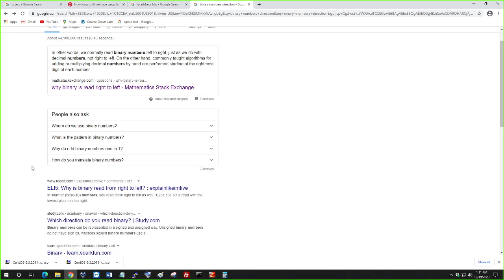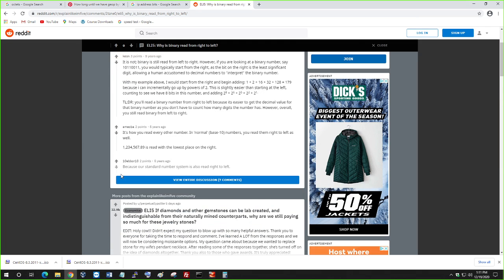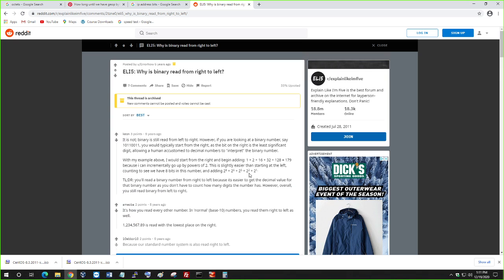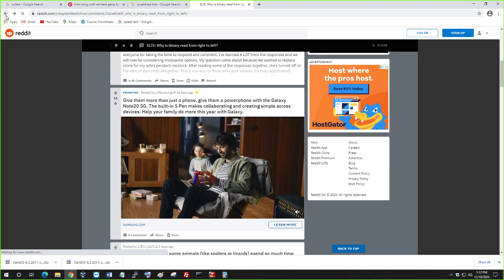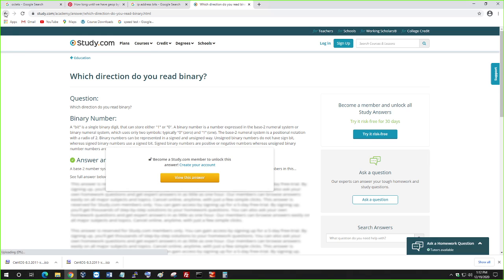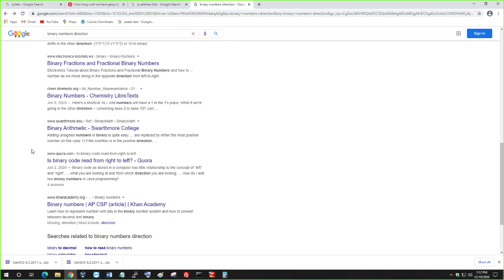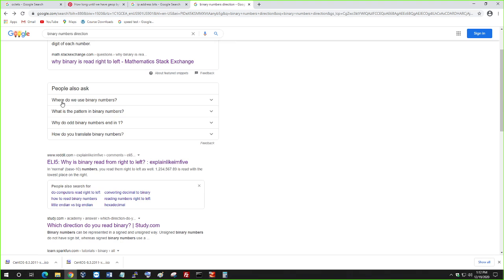So why is binary read from right to left?